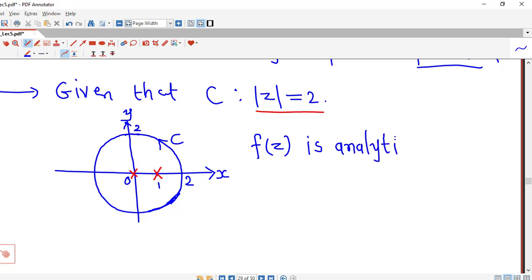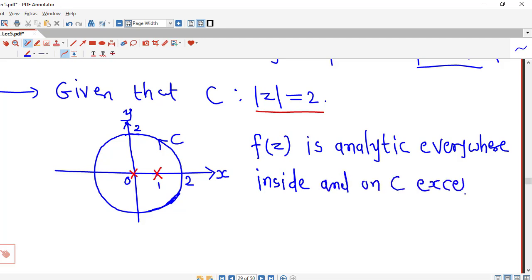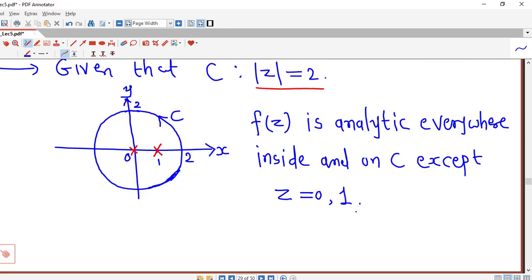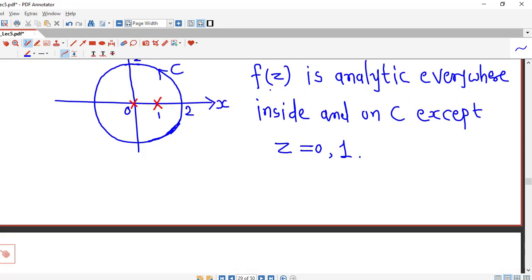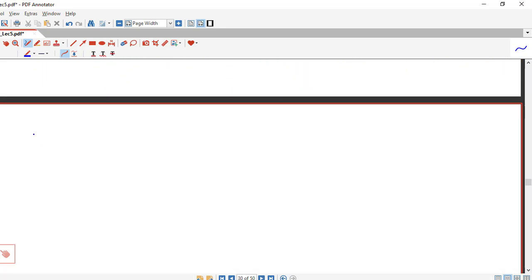We require that f of z is analytic everywhere inside and on C except a finite number of points, which are 2 here, z equal to 0 and z equal to 1. So we can apply Cauchy's residue theorem to evaluate the integral of this function f of z along this circle. For Cauchy's residue theorem, we require residues of f of z at z equal to 0 and at z equal to 1. So we calculate residues one by one.